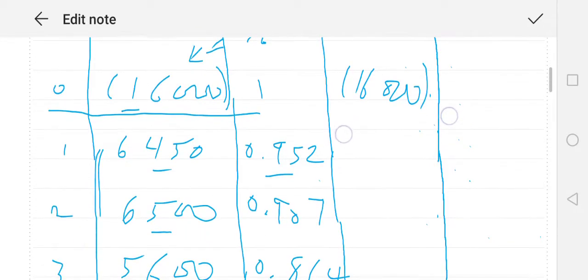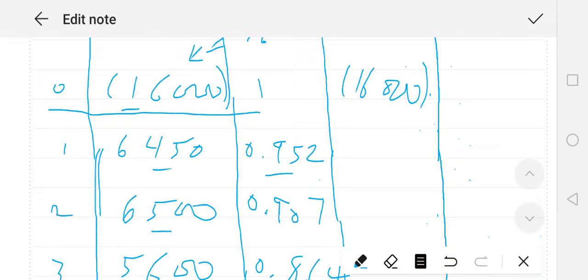Then year 1, 6450 times 0.952 will give us 6140.4.